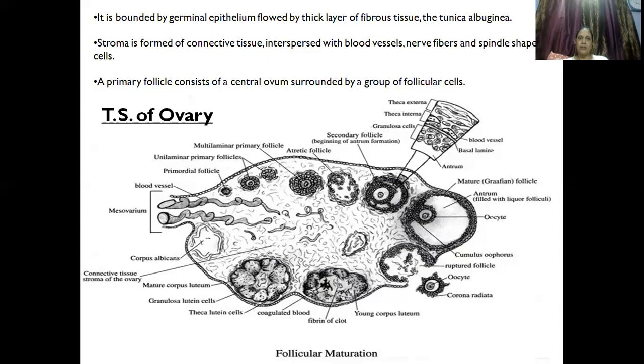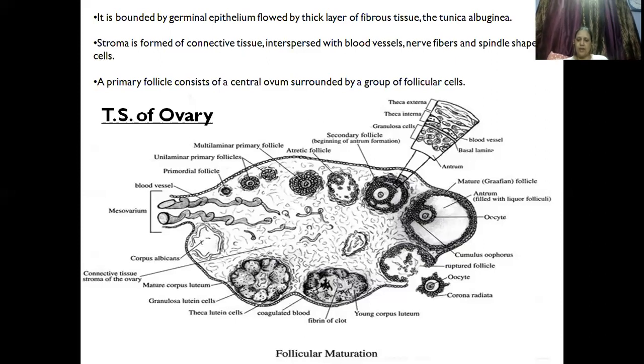In the diagram you would be able to see primordial follicles, then the secondary follicle, and this secondary follicle gets surrounded by tissue and forms the Graafian follicle. This Graafian follicle has inside it the oocyte or the egg, which has been released out, right?